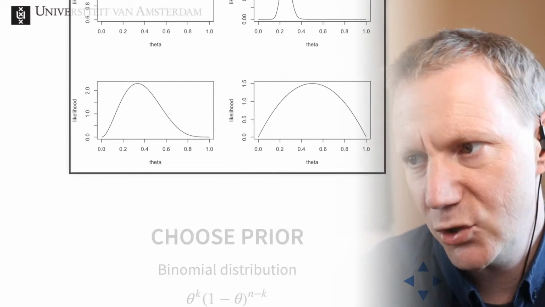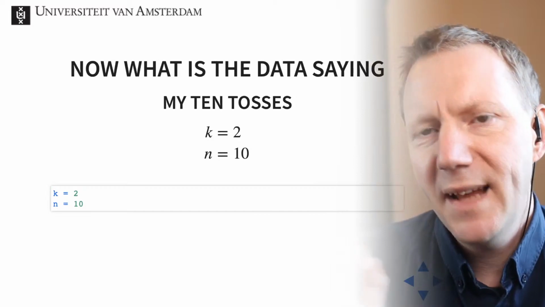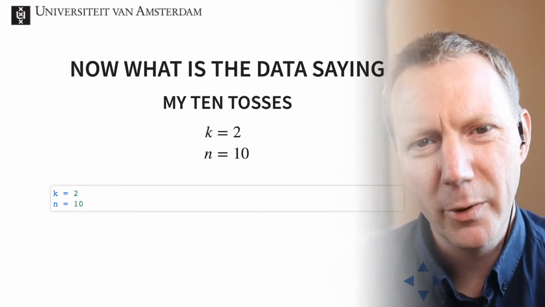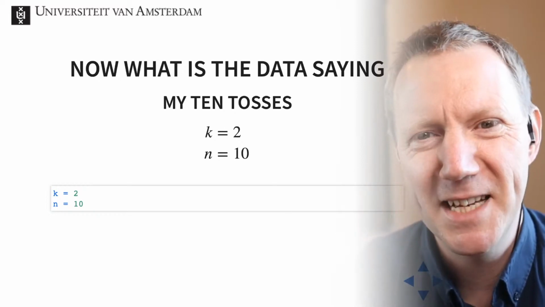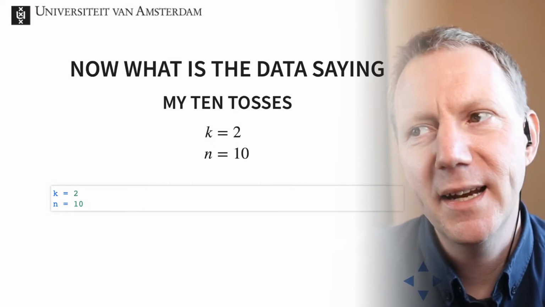So these are my initial beliefs. Now the question is, what is the data telling me? So we now have our prior. I've chosen quite a stubborn prior, but hey, that's me. But now the question is, what does the data tell me?